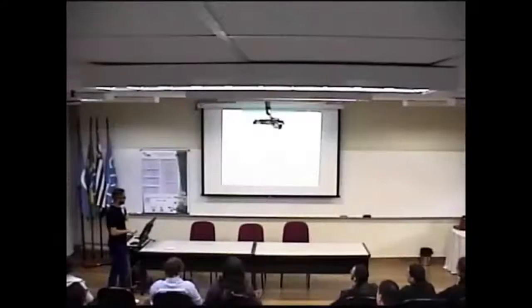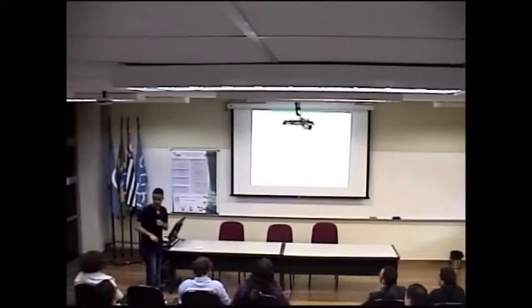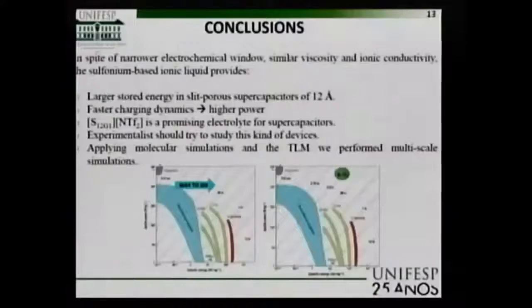This is a graphic that makes a relationship between the specific energy and the specific power of an electrical device. So we can see how much energy an electrical device can store, and we can see also how much power it can present.